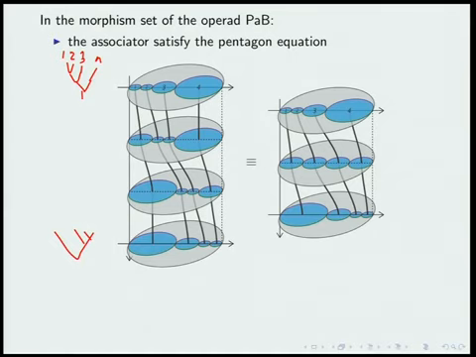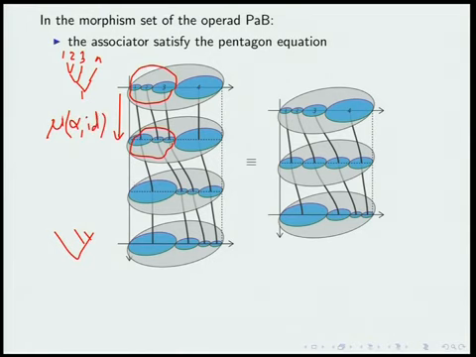So for instance, this morphism here is where you just plug the associativity isomorphism on this tube. So you get mu, alpha, and the identity.